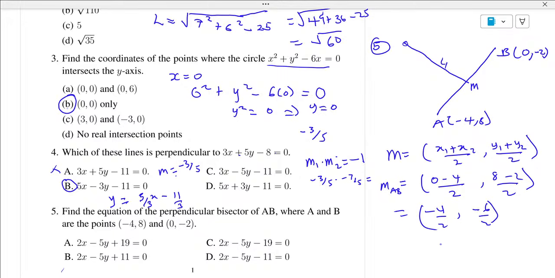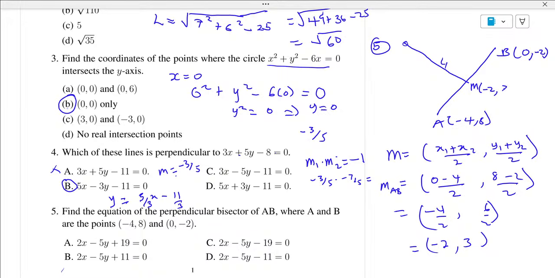Sorry, this one is not going to be negative, it's going to be +6. Alright, so bear with me. So we have -2, and then we have 3. So this is the midpoint, and so we've been able to find one of the points on this line.